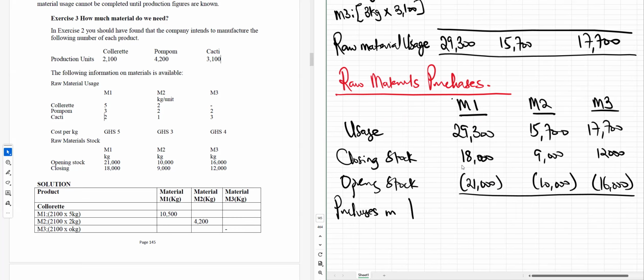In kg. Do you understand? So these are purchases in kg now. But purchases are usually in Ghana cedis, right? So they must give you the cost per unit for each of them. Do you understand? So what's our purchases in kg now? Price per unit, how much?